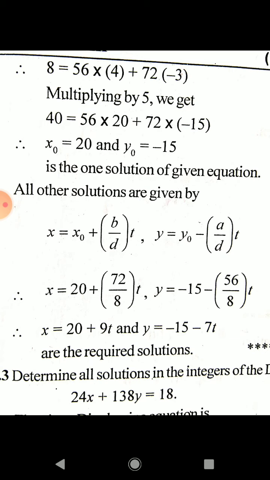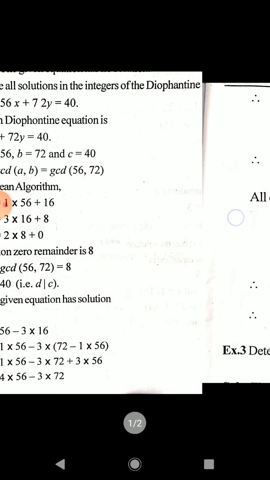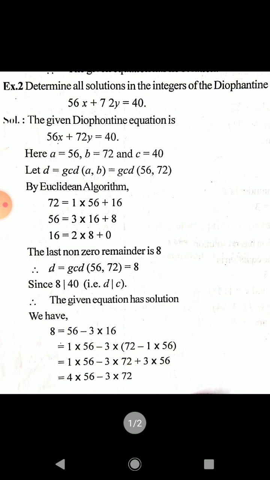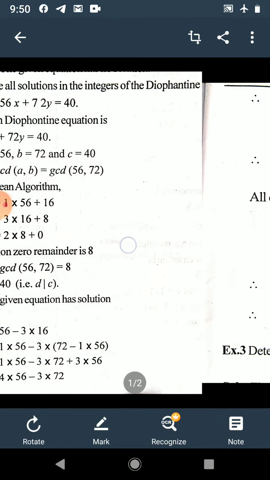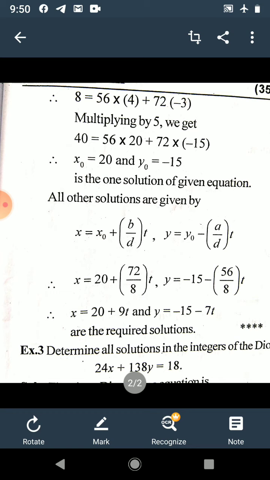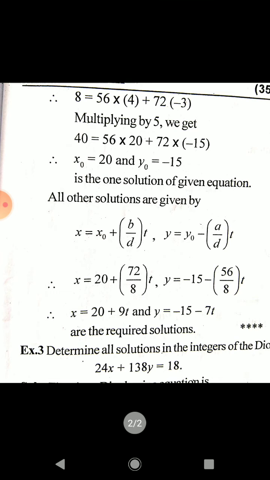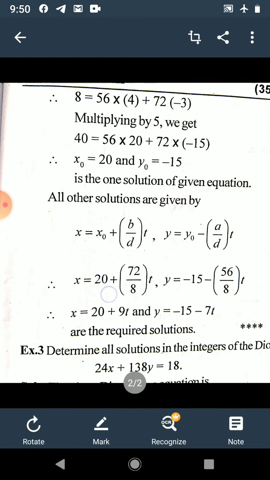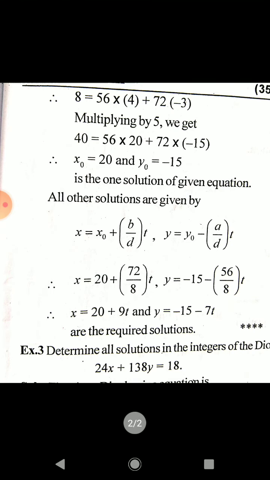Our equation is this: 56x plus 72y, means b is 72, a is 56, and therefore here putting the value of b divided by d, that is 72 by 8, and x0 is 20 into t.